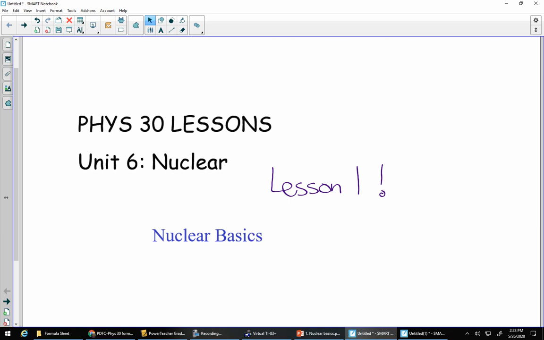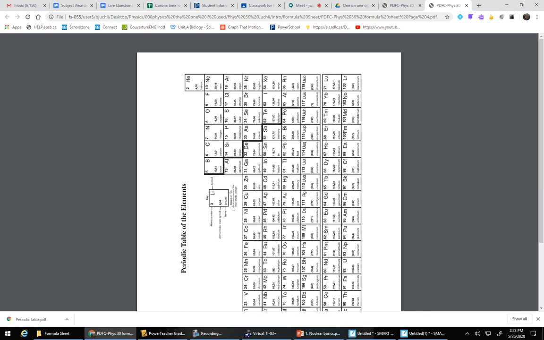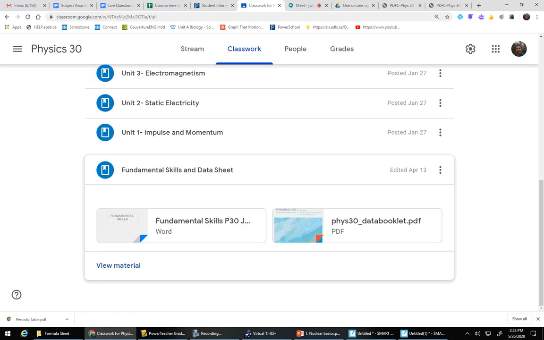I will also mention that you will need a little bit of a different data sheet for this. If I go into my internet here, this is the periodic table that we'll need. This is our Google Classroom. If you go to the classwork section and scroll right down to the bottom, here it is in our fundamental skills and data sheet.